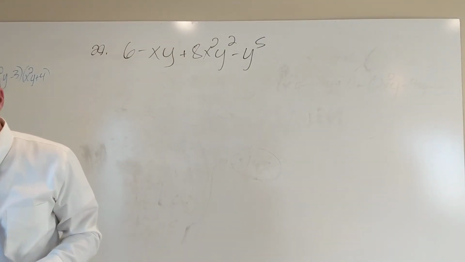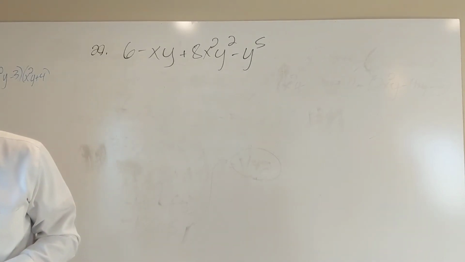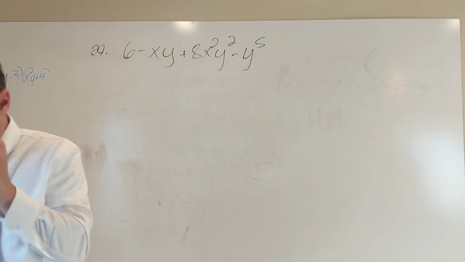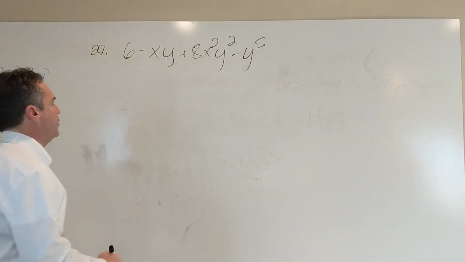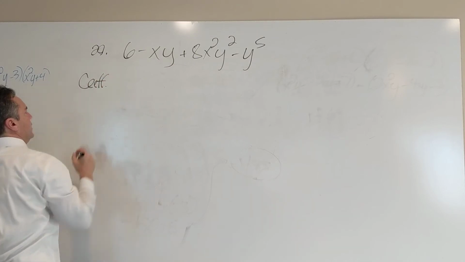Now they're asking us about the basics of polynomials again. They're asking us to identify the coefficient, the degree of each term of the polynomial, and then to find the degree of the polynomial. So first off, everyone, let's look at what is the coefficient.